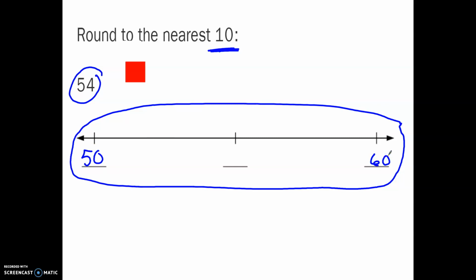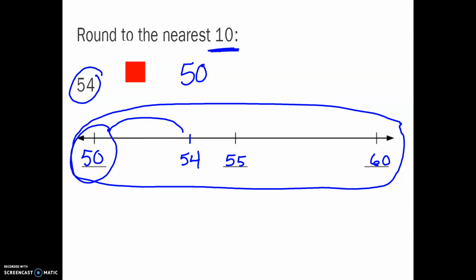The tick number in the middle is where I would write the halfway number. So what is halfway between 50 and 60? 55 is halfway between 50 and 60. Then I would take my number 54 and think about where I would put that on the number line. Well, 54 comes before 55, and this is telling me that since it's on this side of 55, it's closer to 50. So if I were to round 54 to the nearest 10, I would round it to 50.